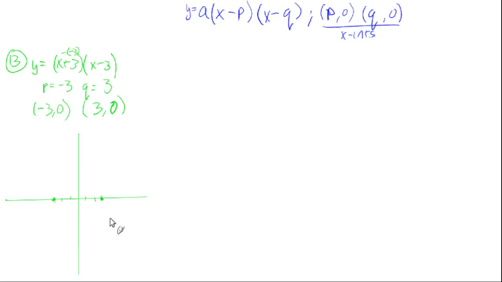Without really having to involve the quadratic formula, which is kind of the next step here, we know that this parabola is symmetrical and goes through these 2 points.